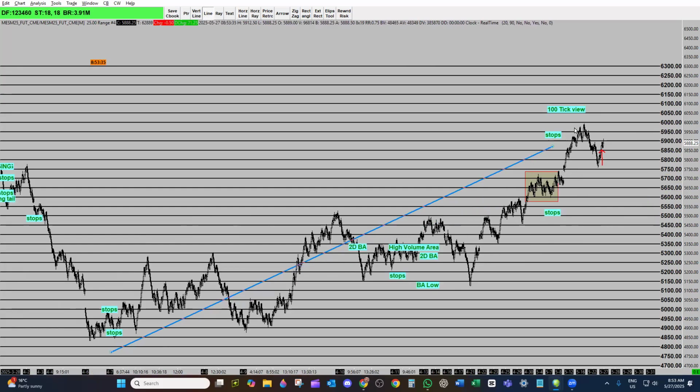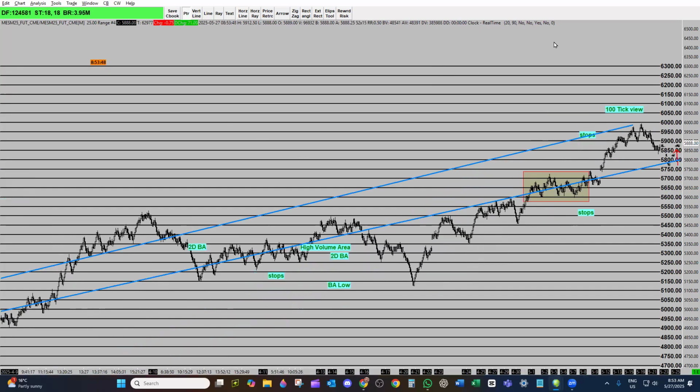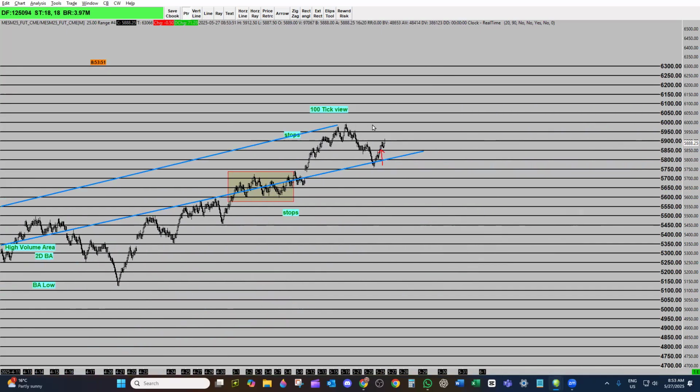We're at the high, in this range up here. And yes, there's more room to go up to the 6,000 level, and we're at the 58.87 level right now. So there are 100 to 110 points more to go up. But in general, we're at the high of this move.